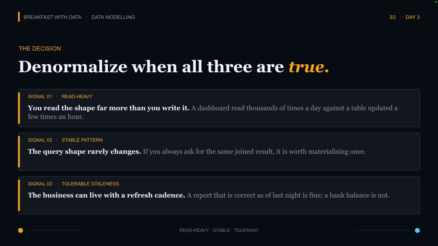So when read is heavy, you are doing analysis, a dashboard, read thousands of times per day. Different people will be refreshing and looking at it against a particular table. So it makes sense to pre-aggregate it once and serve it, especially if you can do T minus 1.